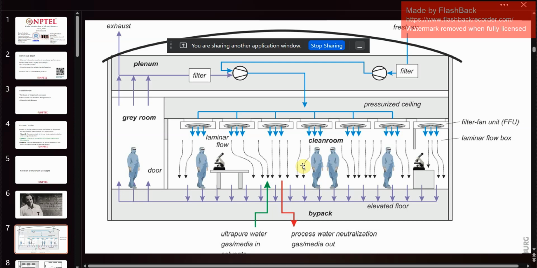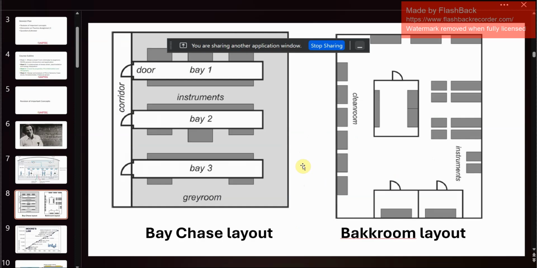So there are two main types of design of clean room. There is the bay chase layout. In this kind of format, there will be one bay from where the wafer will come in. One bay will have the photolithography process, that will be the spin coating or dip coating, whatever.